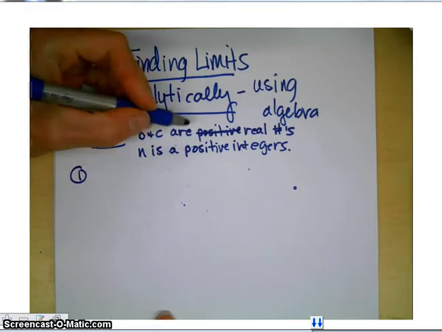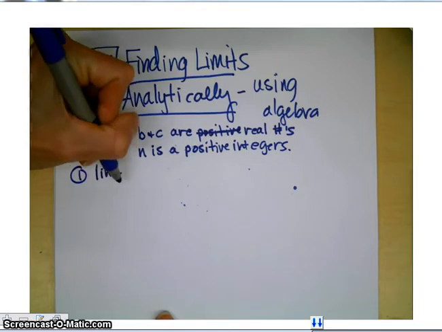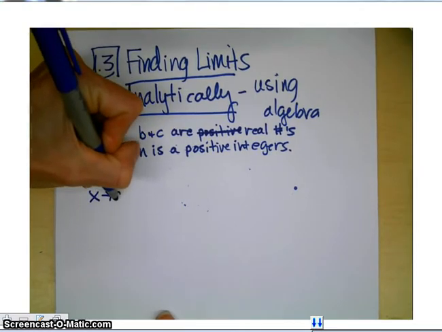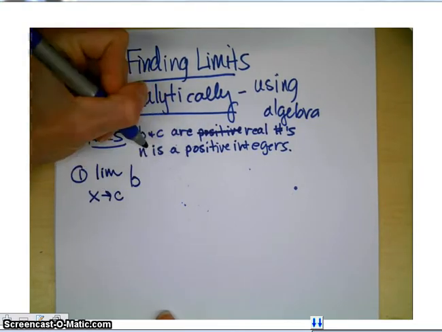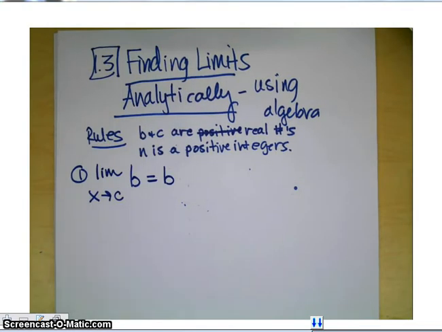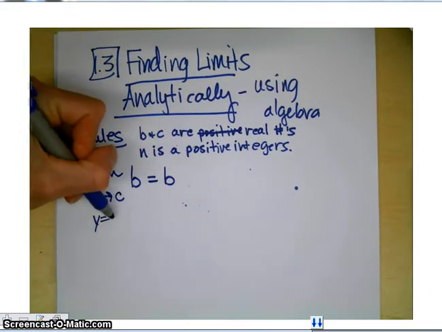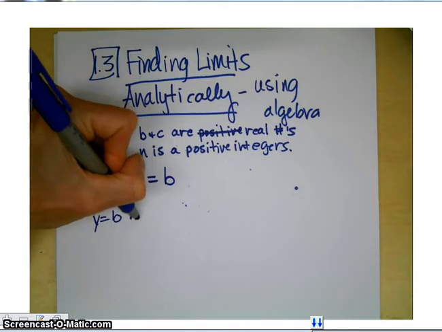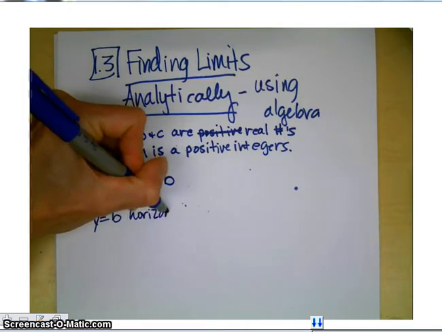Number one rule that we know: the limit as X goes to C of B is equal to B. The limit of a number is that number. This function would be the function y equals B. Y equals B is a horizontal line.